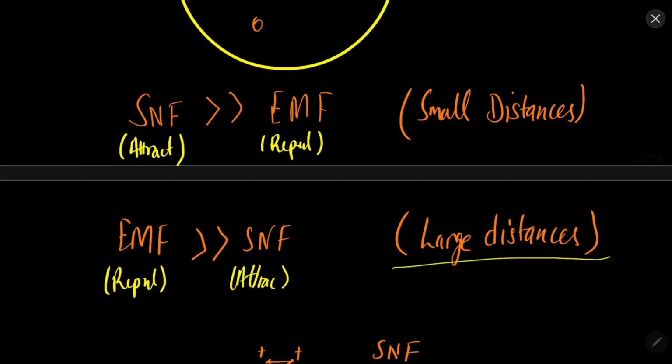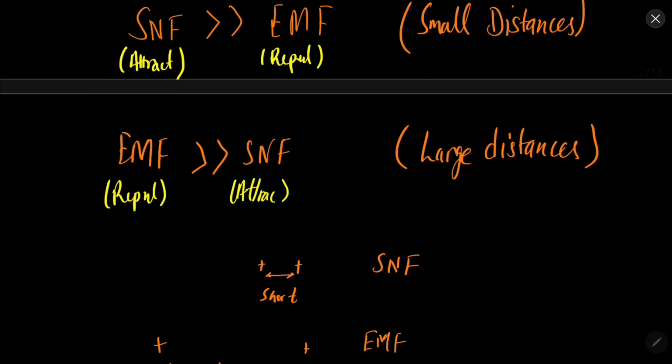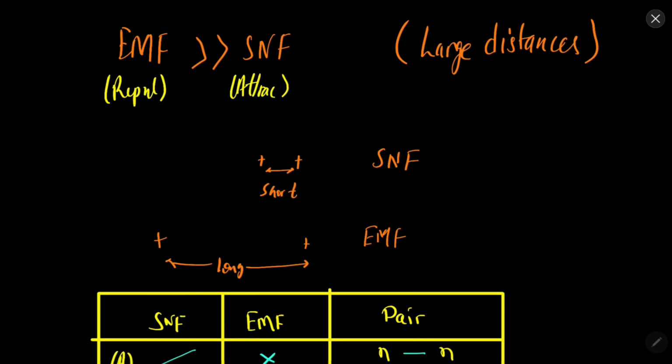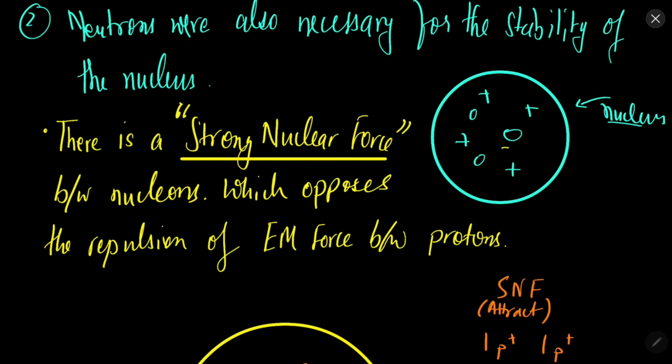But as the distance increases, the effect of the strong nuclear force vanishes, and at large distances it is far weaker than the electromagnetic force, or you can say it does not even exist. So it is to be kept in mind that the strong nuclear force is a short range force. It only acts within the boundary of the nucleus, and that too only for a small distance.